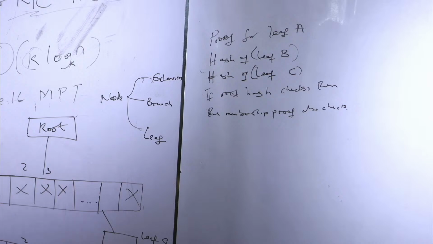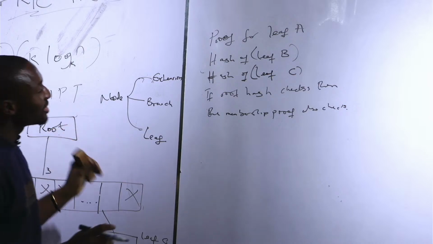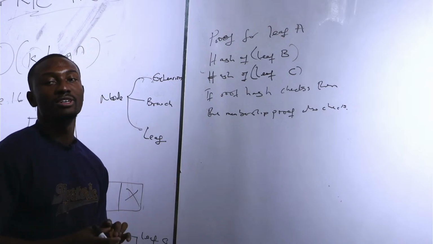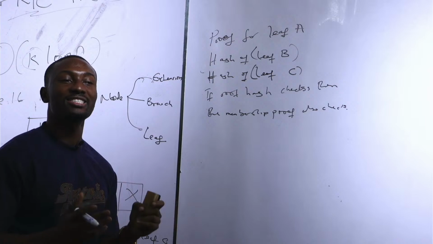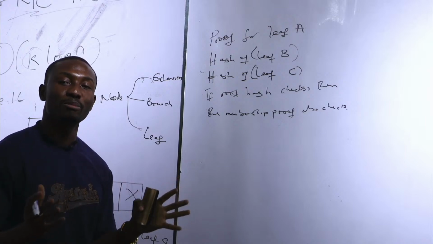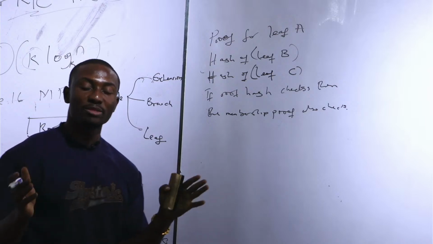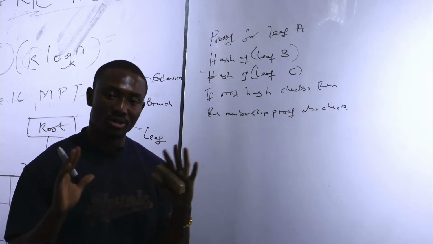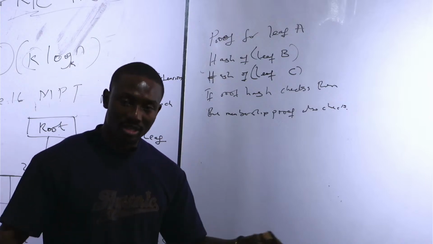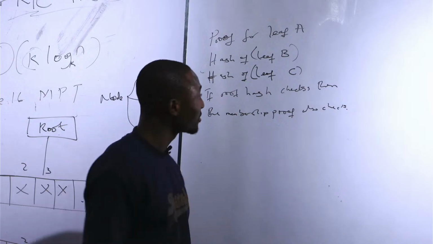So because of the size of this Merkle Patricia trie, it's not very efficient for state proof messaging. We can get better value by using a scheme that will provide us with constant size proofs, or very small proofs that don't grow with the size of the tree like that.